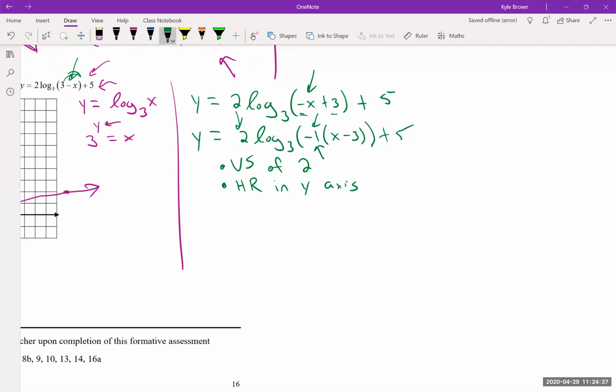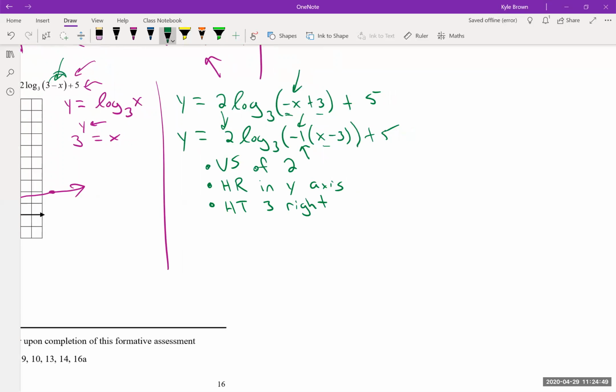Okay, and then we've got a horizontal translation of 3 to the right. So horizontally, 3 to the right because of that one. And then a vertical translation of 5 up.